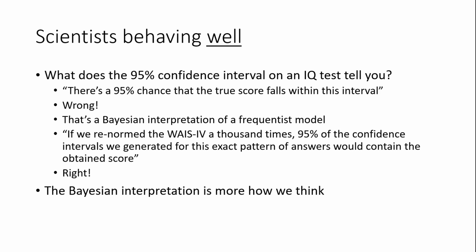Our confidence intervals come from Gauss, and what they say is that if you score 98, and we renormed the WAIS-4 1,000 times, 95% of the time, the confidence interval we generate for your pattern of responses would contain your obtained scores. Now, that isn't naturally how we think. I noticed that the Bayesian interpretation matches how we actually think better.